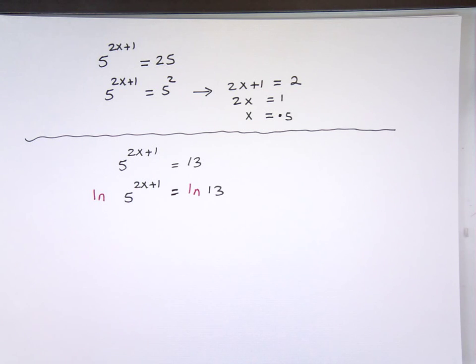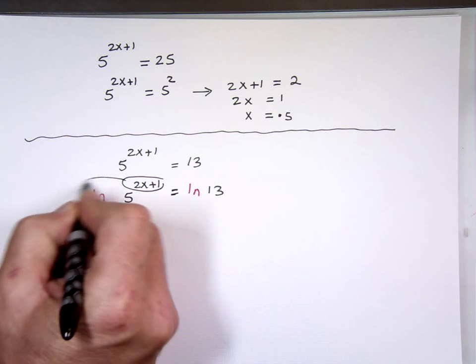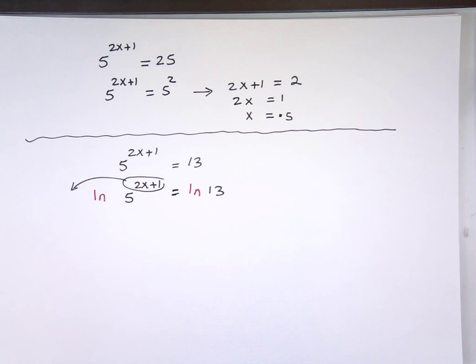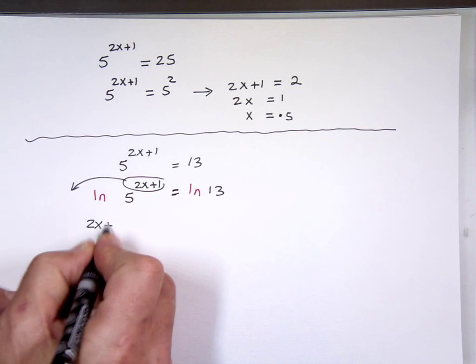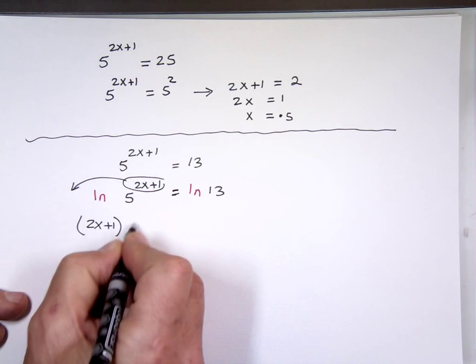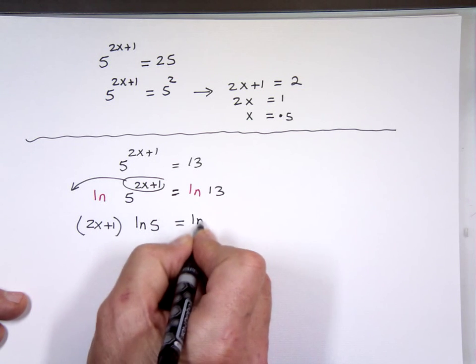Can I take rule number 6? It says move the power to the front. Times the natural log of 5 equals the natural log of what? 13.